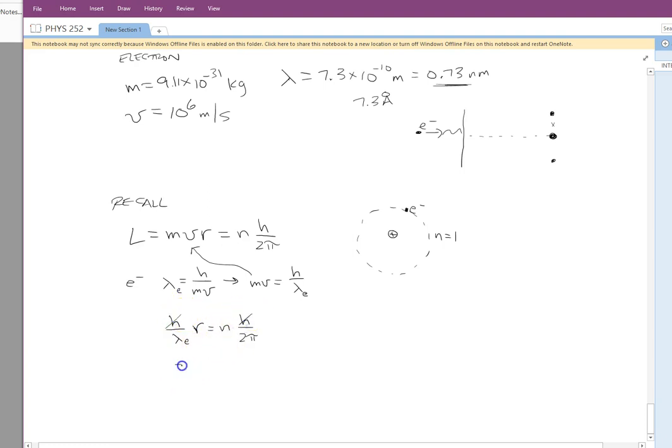Let's just cross multiply. We'll get 2 pi r equals n times the wavelength of the electron, right? So the wavelength of the electron times an integer is 2 pi r for a given orbit. So if n equals 1, I find out that the wavelength of the electron is 2 pi r.